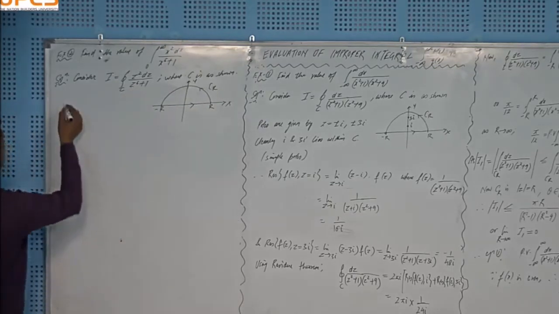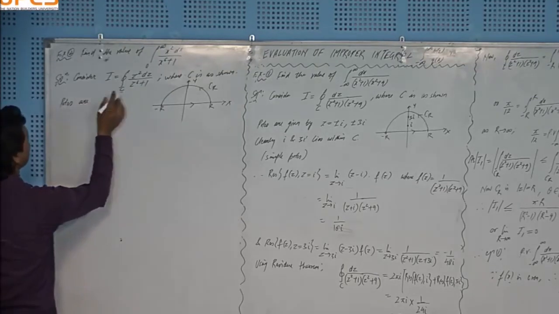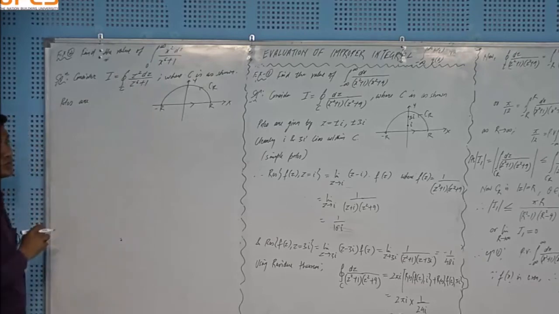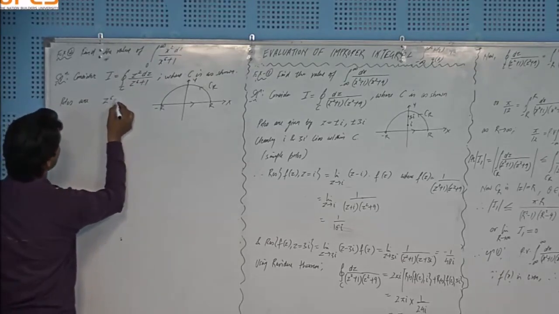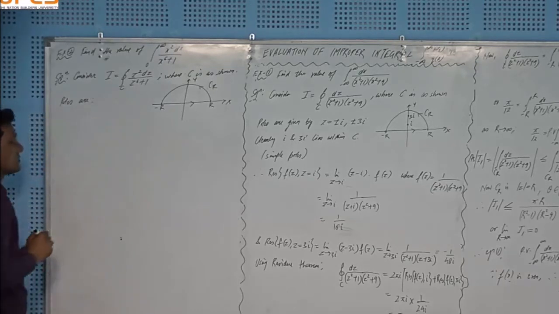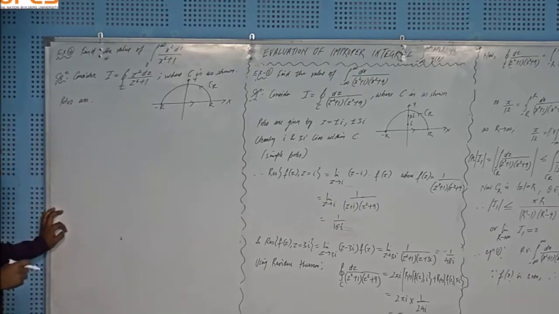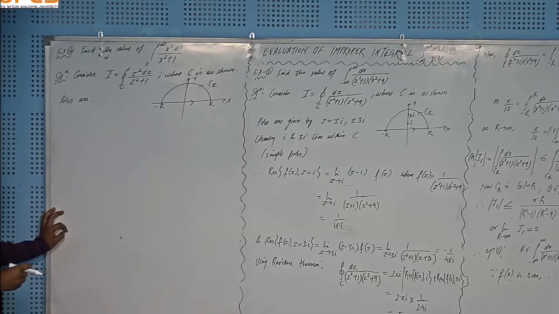Its poles will be given by equating this to 0, and you will get z to the power 6 equal to minus 1. We have done this in previous videos. Minus 1 is cos of an odd multiple of pi, that is cos (2n plus 1) pi.